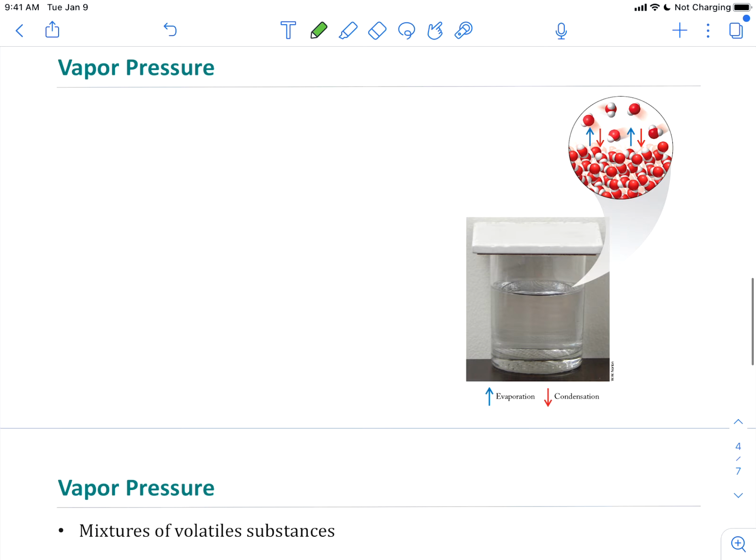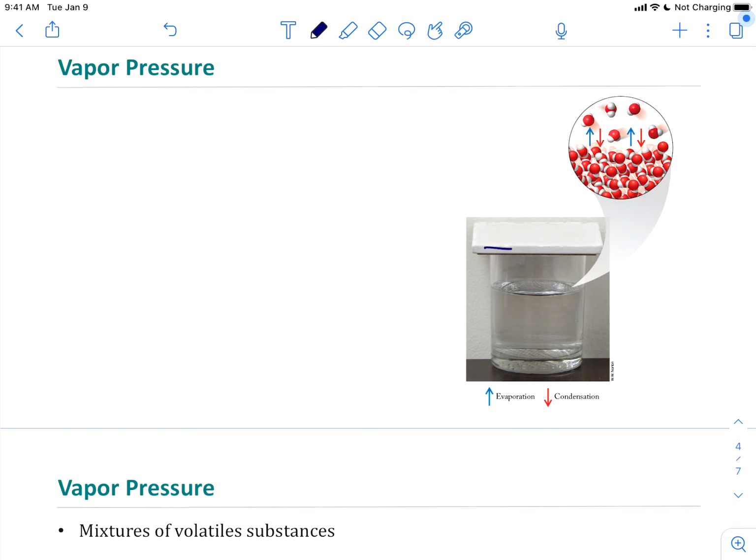Now, vapor pressure. What is vapor pressure? The correct name is equilibrium vapor pressure. It's the pressure exerted by the gas above a liquid in which the two phases, the gas and the liquid, are in equilibrium.